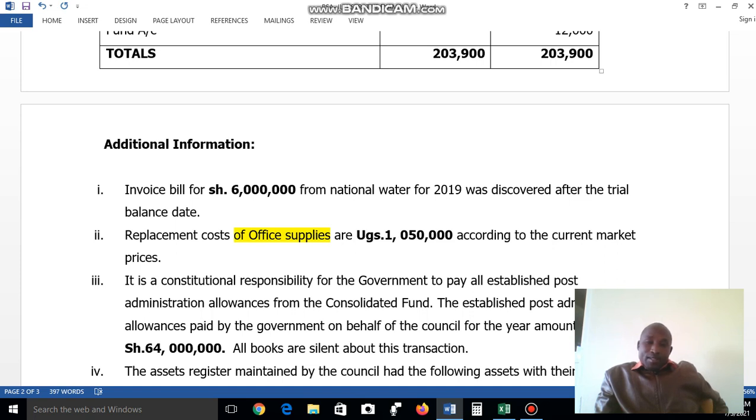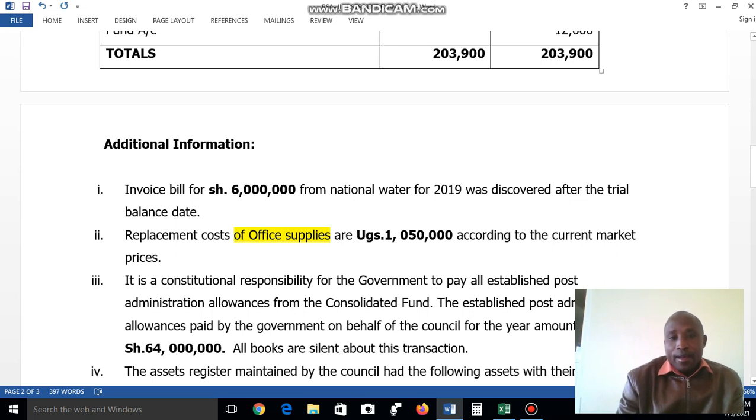If you look at this item, there is a decrease in value of inventory supplies. And when the value of the inventory decreases, who is losing? The organization is losing. So the difference between 1,200,000 and 1,050,000, the decrease, we shall recognize as a loss in the value of inventory.